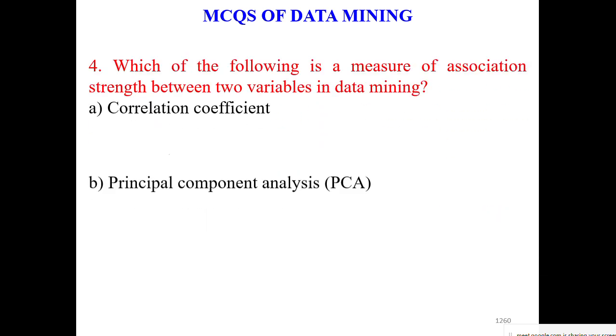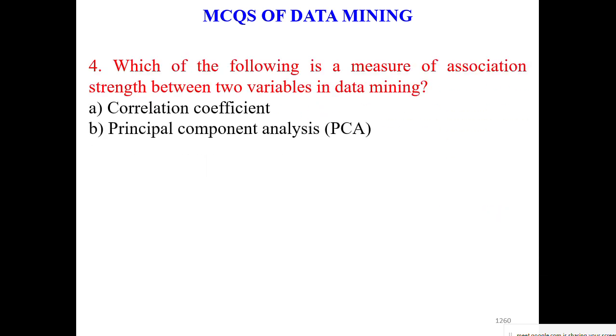Next, fourth one. Which of the following is a measure of association strength between two variables in data mining? Support and confidence actually.